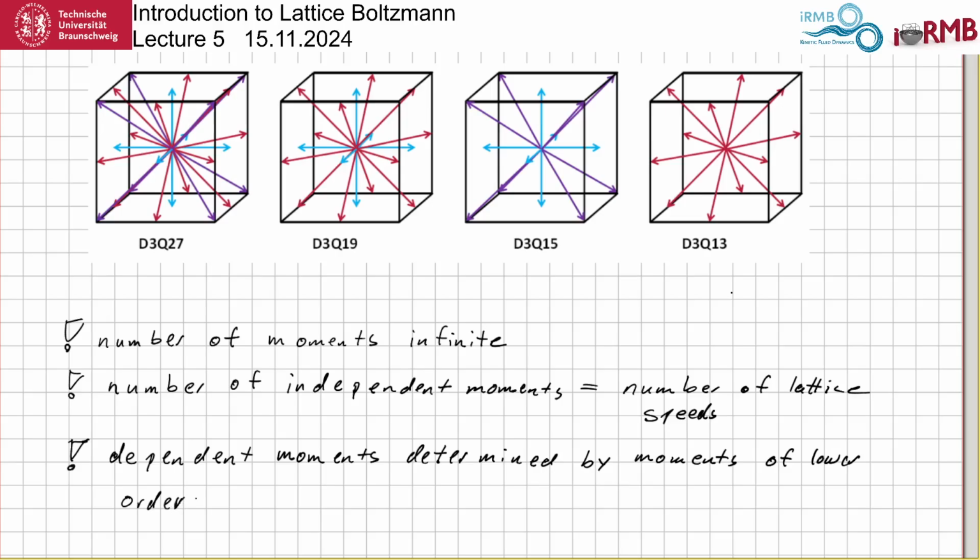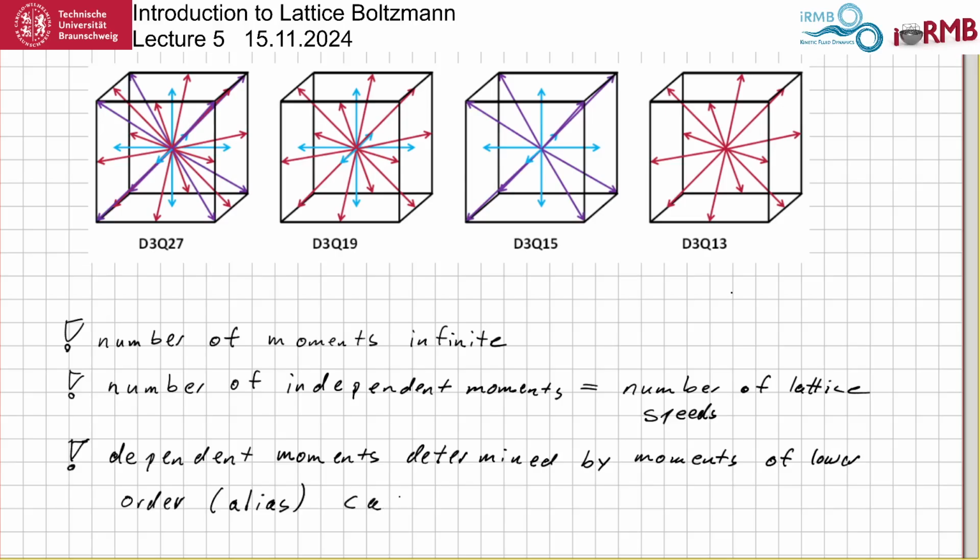So this means the higher order moments have another name. So basically there is an alias.